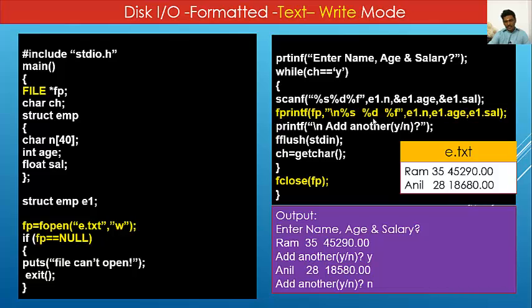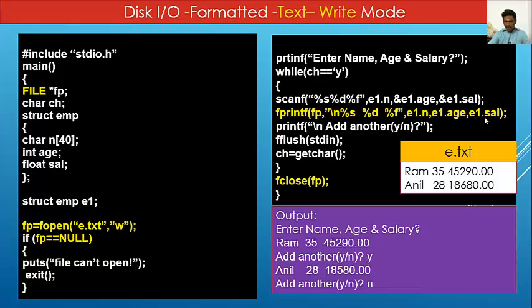So fprintf, fp is a file pointer variable, it holds the address of a file. Then we put the format within double quotation marks. It is just like the printf function. We can use all the format strings of printf, so here backslash n, percent s, percent d, percent f, then e1.n, e1.age, e1.salary. The only difference between printf and fprintf is that the first argument is fp.